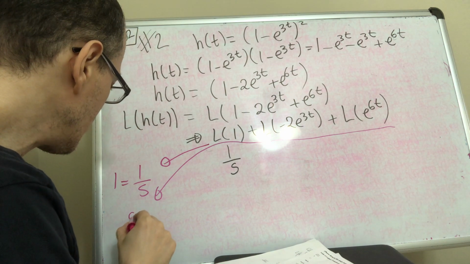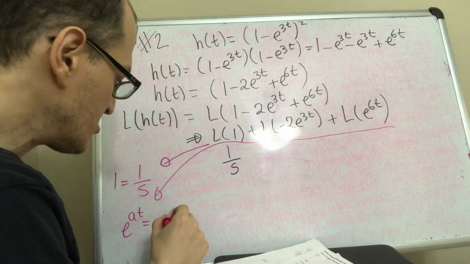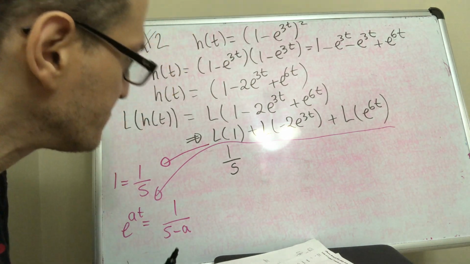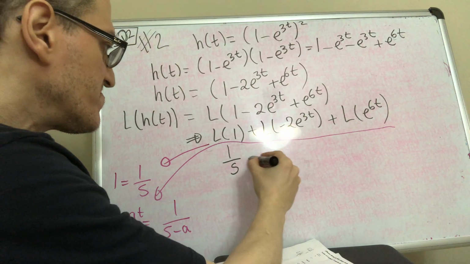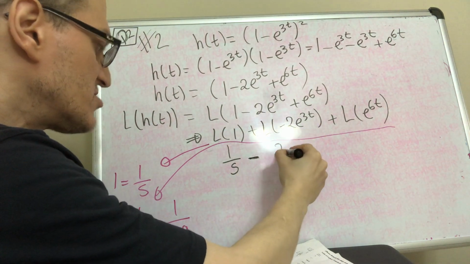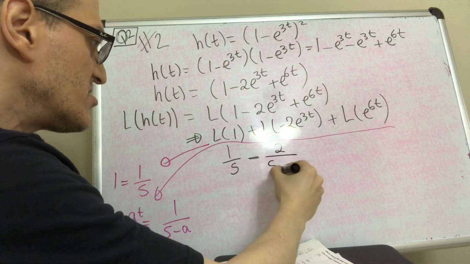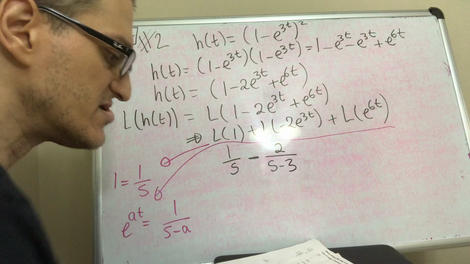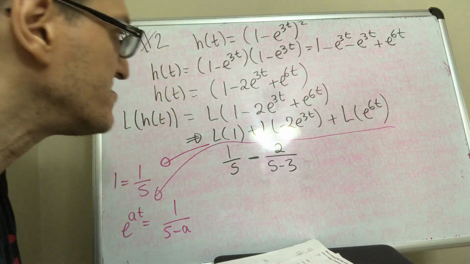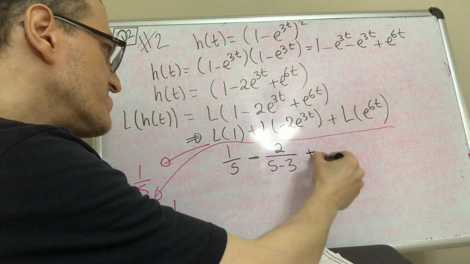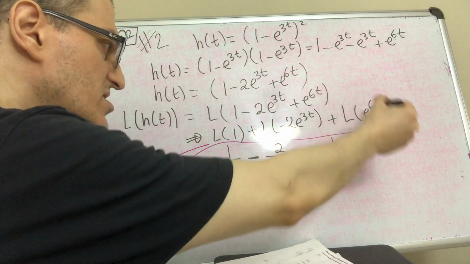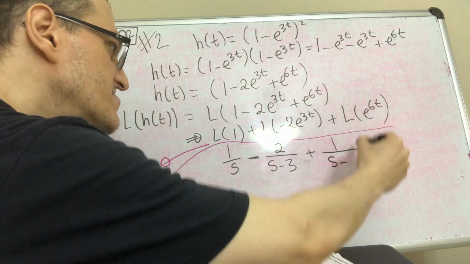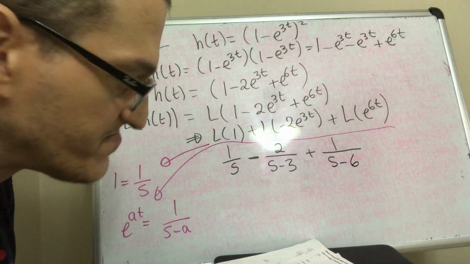When you have e to the at, it's 1 over s minus a. So for the first one, you have a constant 2, and then you go s minus the value of a. And here, the value of a is 3. And for the last one, there is no constant, or the constant is 1. And here you have s minus a, and in this case, it's 6.